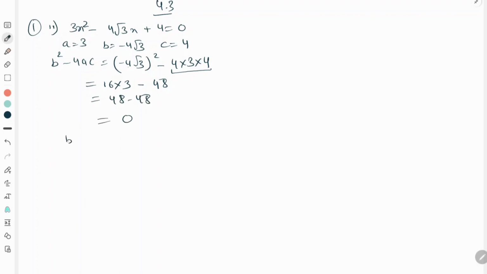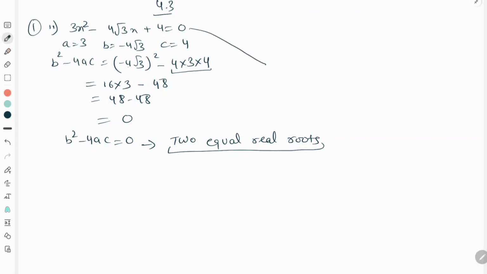And as in this question we have b square minus 4ac equal to 0, we will say that we have two equal real roots. It means if you find the value of x in this question, the two roots will be equal. This value and this value will be equal.